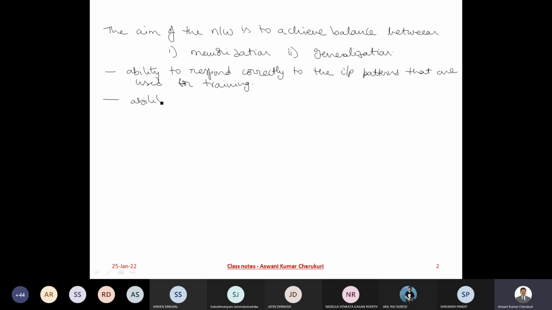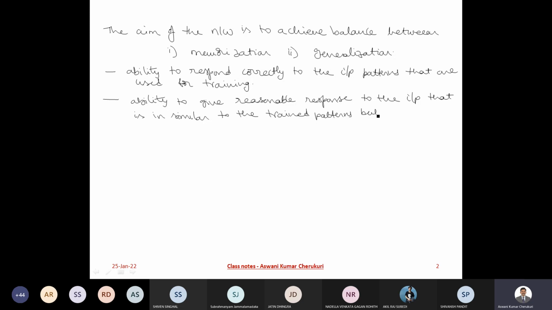So generalization is the ability of the network to give a reasonable response to inputs that are similar to the trained patterns but not identical.